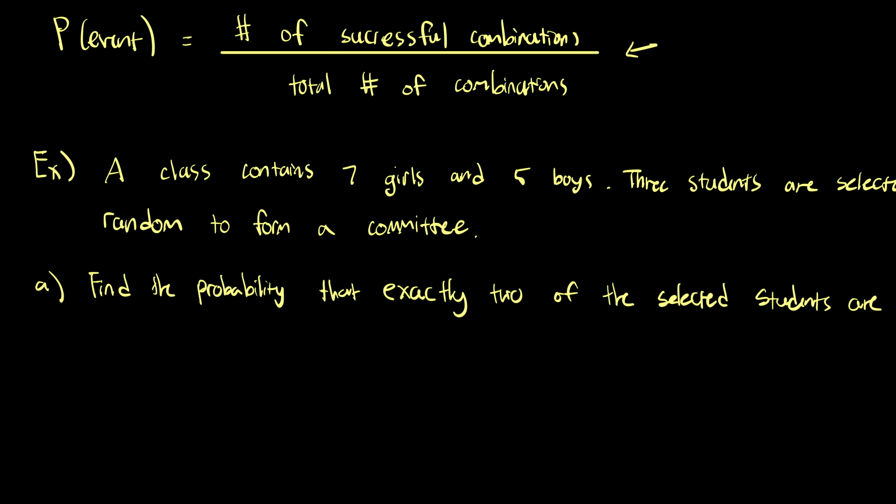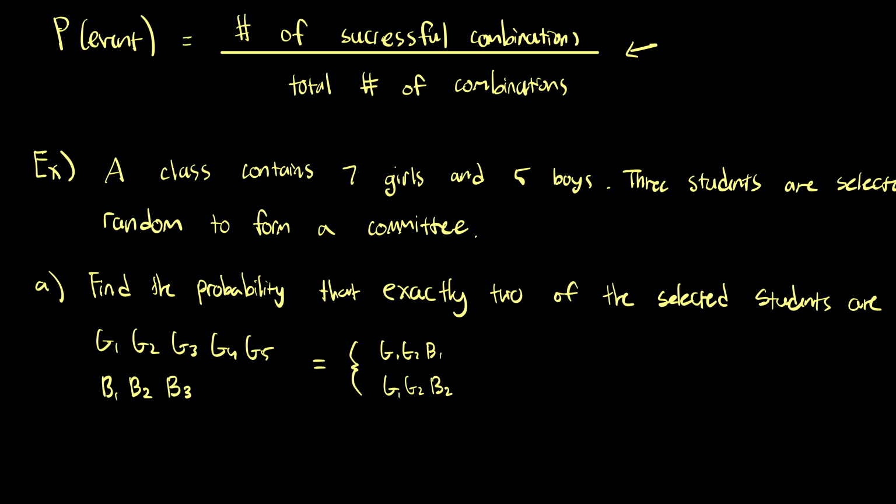So this can look kind of like if there's girl 1, girl 2, girl 3, girl 4, girl 5, and boy 1, boy 2, and boy 3. Some examples of these types of committees would look like girl 1, girl 2, and boy 1, girl 1, girl 2, and boy 2, girl 1, girl 3, and boy 3, and so on and so on.